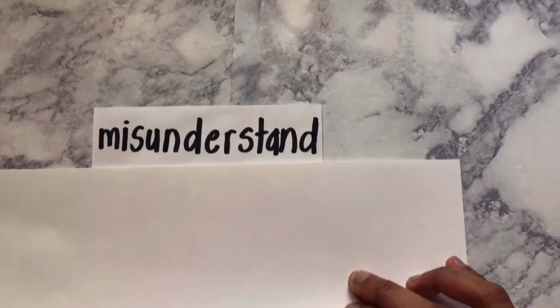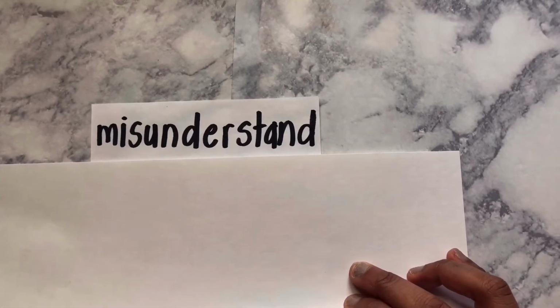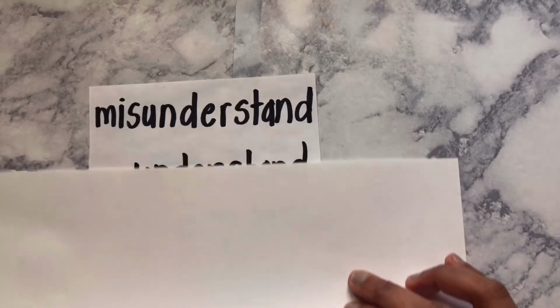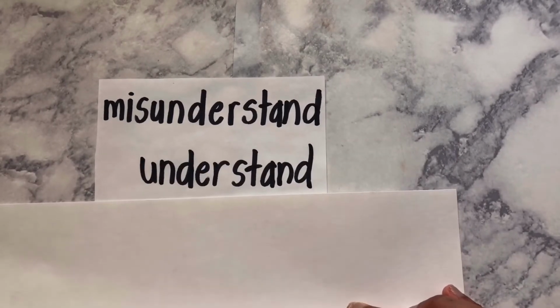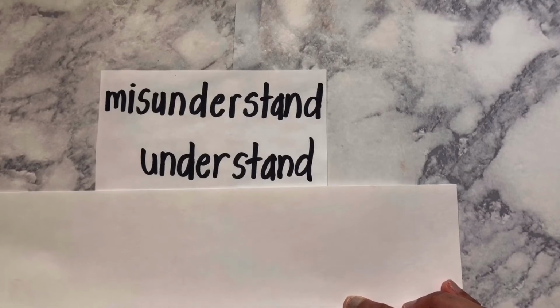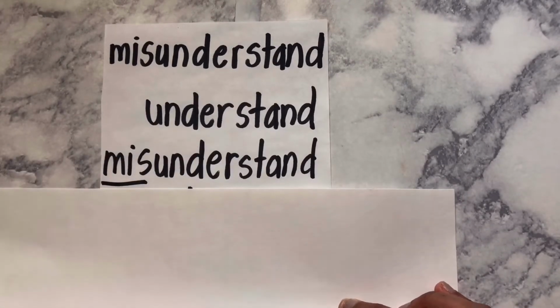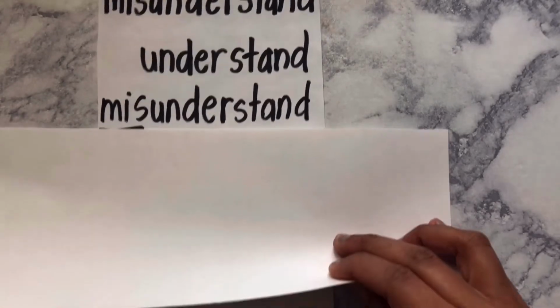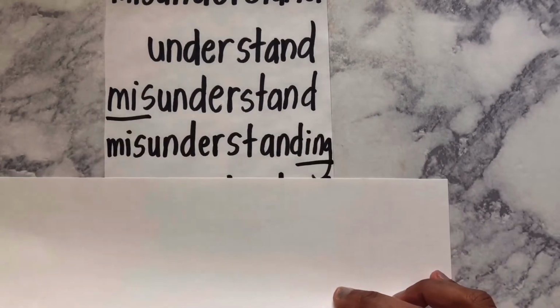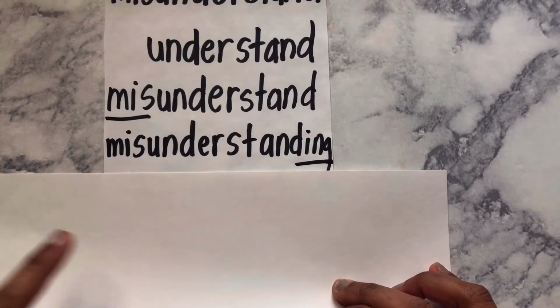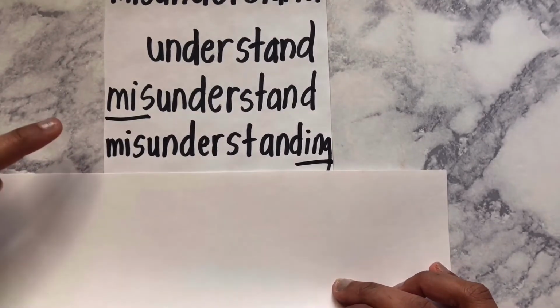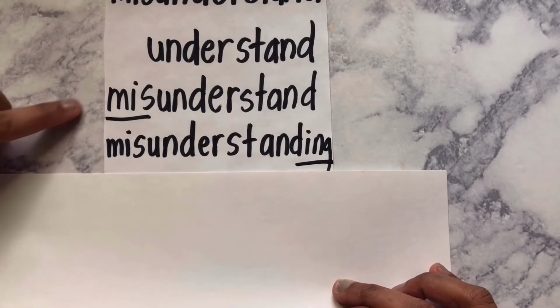Here we have misunderstand. What is the base word? Very good, understand. Then what else do we notice in this word? It has a prefix, mis, and one way we can change it is by adding a suffix, misunderstanding. So to misunderstand something is not to understand it.